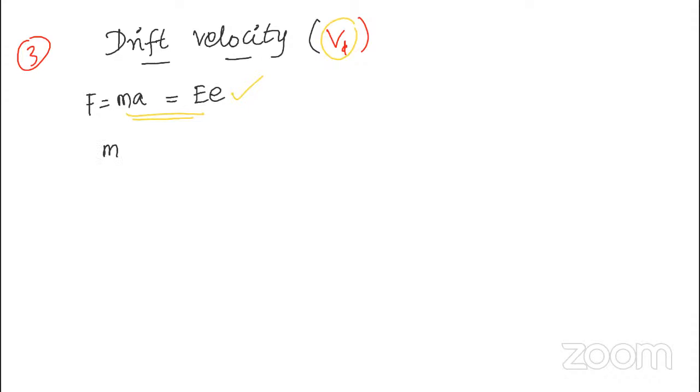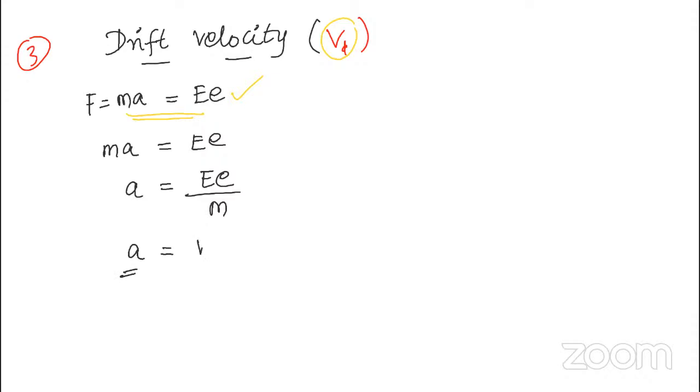So here, M A is equal to E into e, and A is nothing but the acceleration, which gives E e divided by M. A is the rate of change of velocity, which is called acceleration.